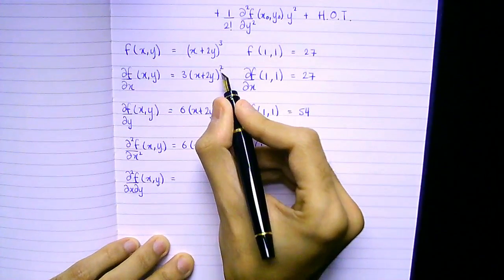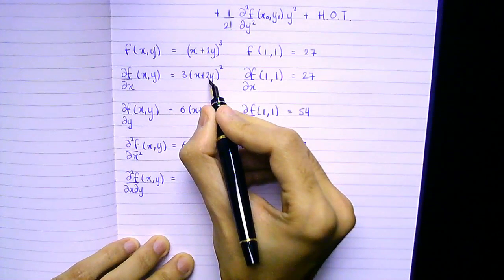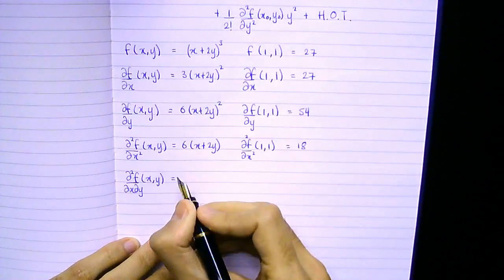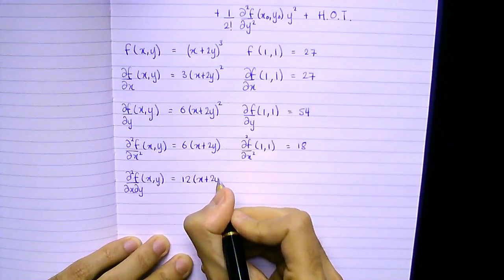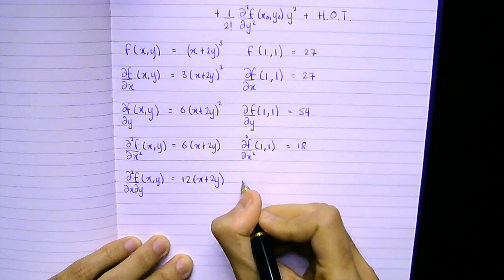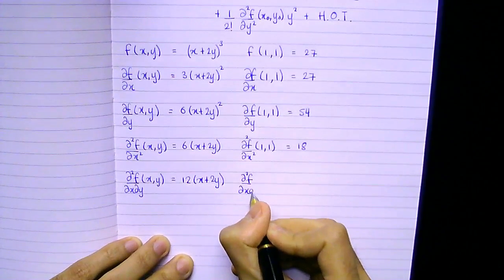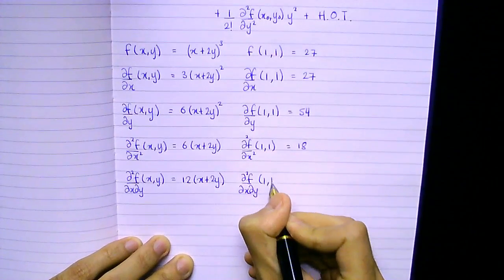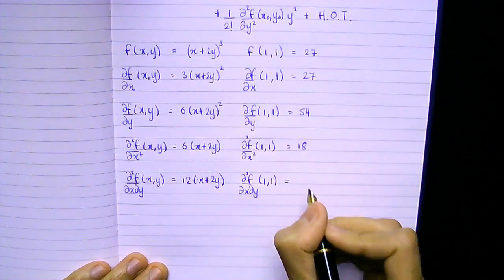So I bring the power to the front, that becomes 6. Differentiate what's inside the brackets, that picks up another 2, so that becomes 12. So I have a 12 on the outside, x plus 2y. Now I'm going to evaluate this at a particular location, at 1, 1, and I get 36.